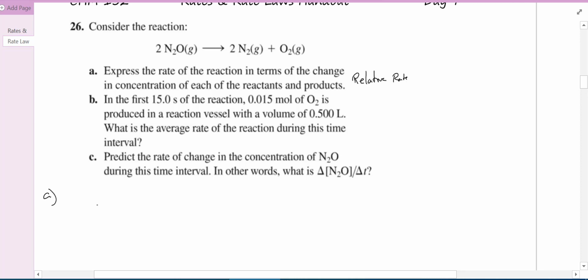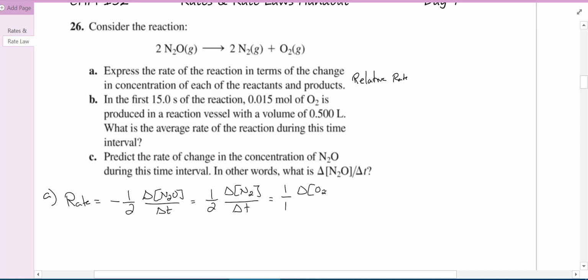So for A here, the rate of my reaction would equal -1/2 change in concentration of N2O, nitrous oxide, over the change in time, equals +1/2 change in concentration of N2 over change in time, equals 1/1 times the change in concentration of O2 over change in time. So there's A.